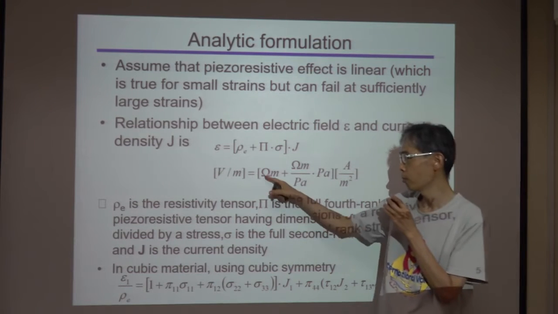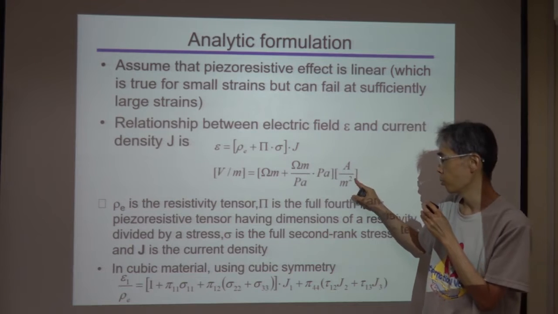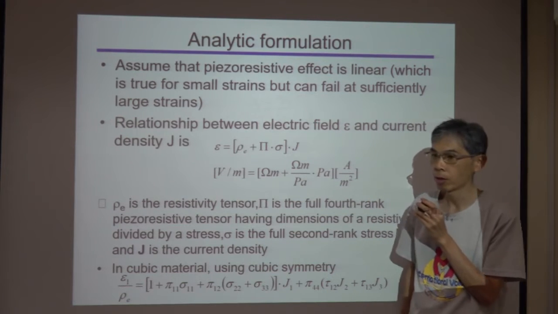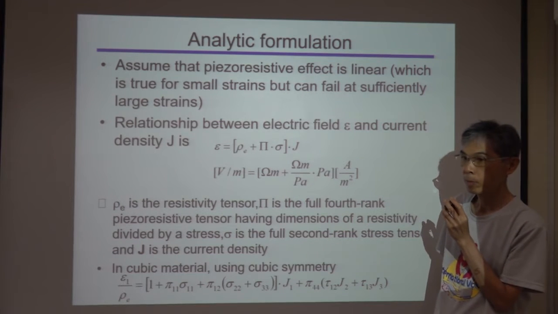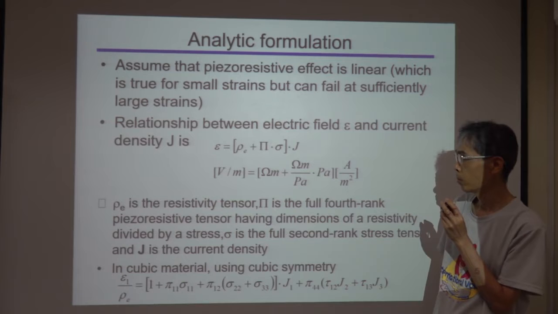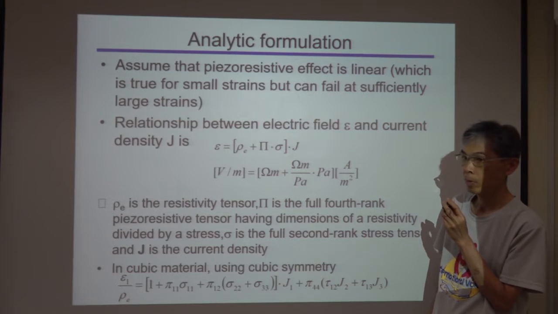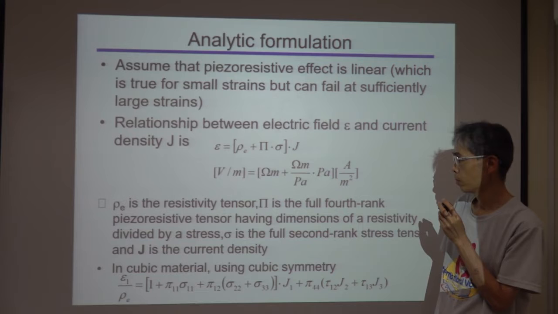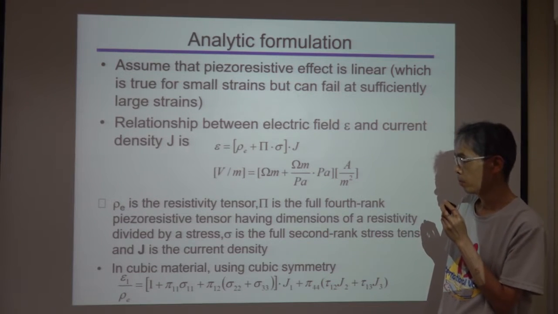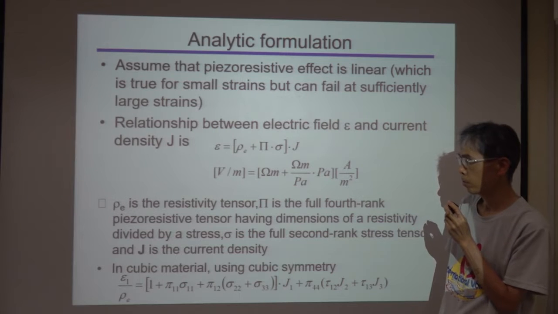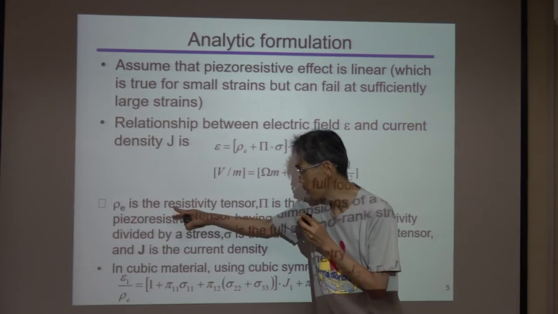Okay, Ahwan, why is ohm meter times ampere per meter square equal to volt per meter? Okay, so rho is the resistivity.